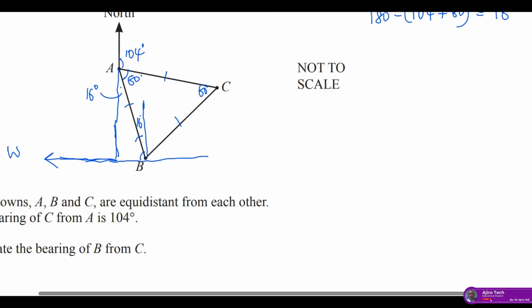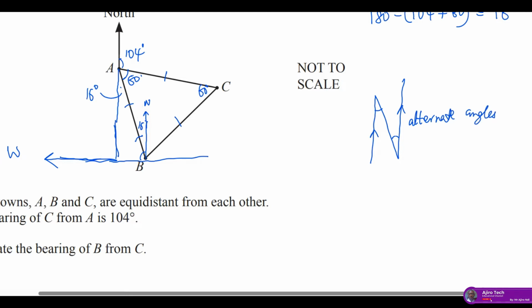Let me do that again. If this is going towards north, this angle here is 16. Since these lines are parallel, this angle and this angle are equal, alternate angles.